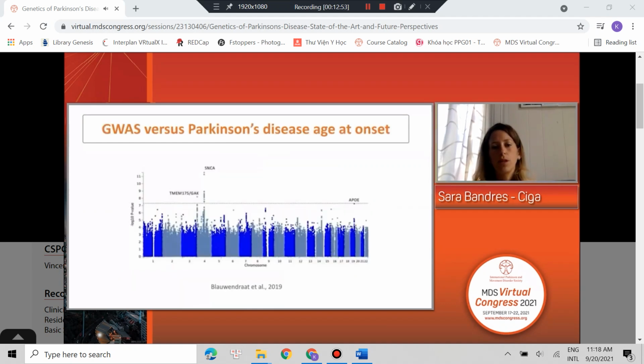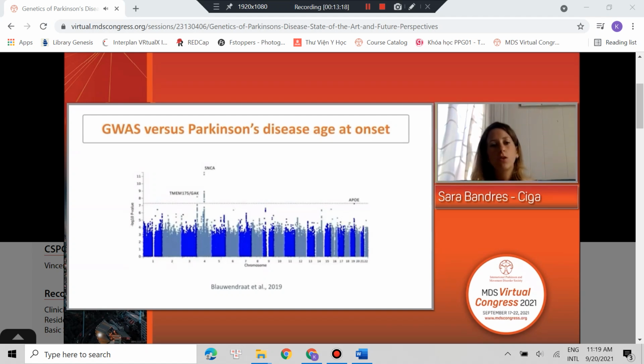However, we not only know about the genetic architecture of Parkinson's disease risk. I think as a field, we have also made progress at understanding Parkinson's disease progression. And this is the first study reporting genome-wide significance for Parkinson's disease GWAS loci for age at onset, including about 28,000 cases.